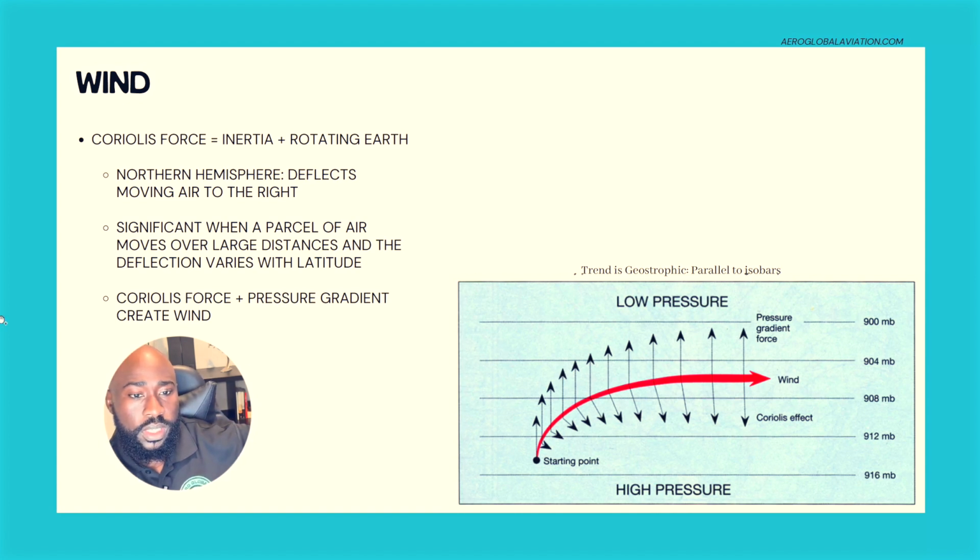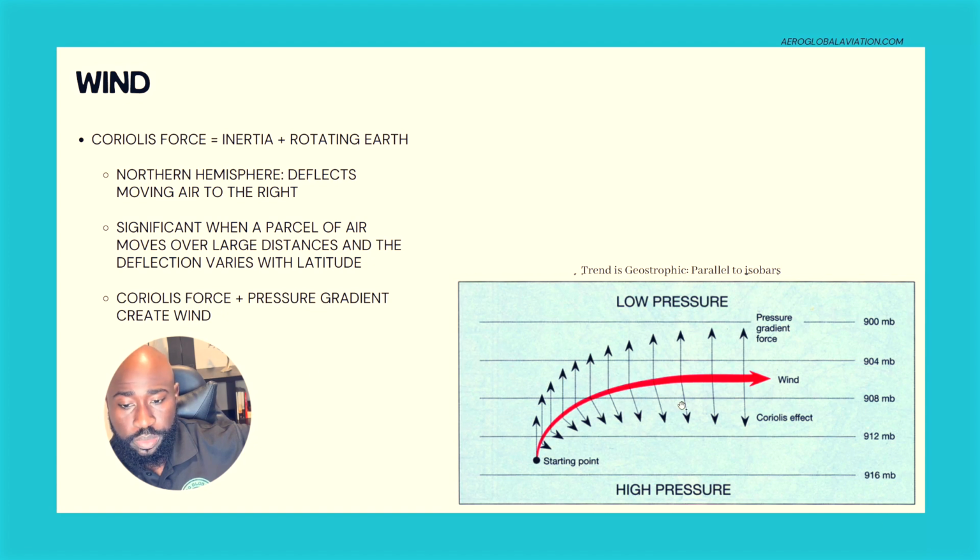This force allows air to deflect to the right in the northern hemisphere, and to the left in the southern hemisphere. That's the idea with the Coriolis force. It's the force that influences the movement of air. So it's the combination of the Coriolis force and the pressure gradient that creates wind.